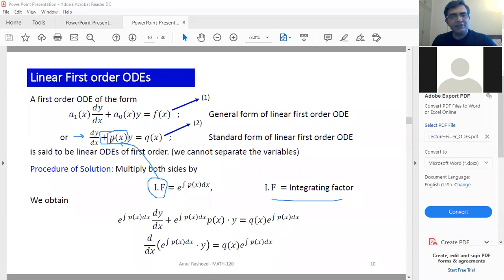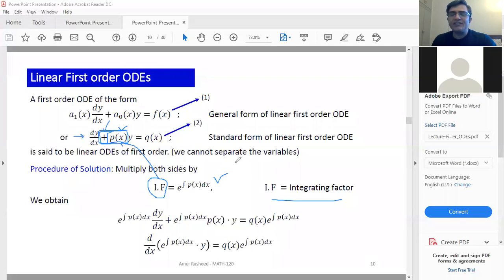This is the function which we can see from the given differential equation, p of x along with the sign. The integrating factor is e raised to the power integral of p of x dx. This is how we compute the integrating factor.